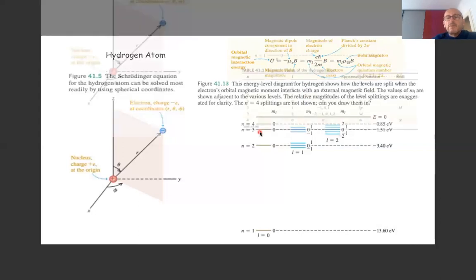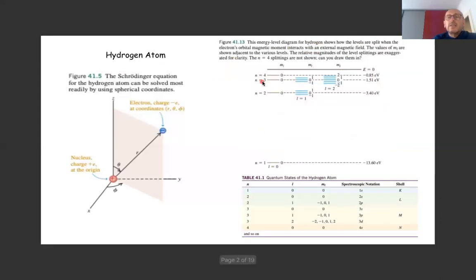Before I apply any magnetic field, all the states with n equals 3 will have the same energy: the ones with l equal to 0, l equal to 1, and l equal to 2, because in the solution of the Schrödinger equation the energy only depends on the value of n.